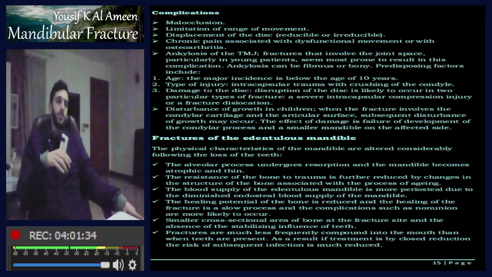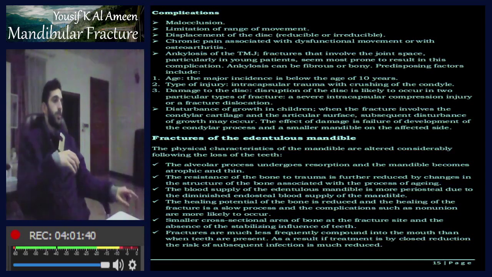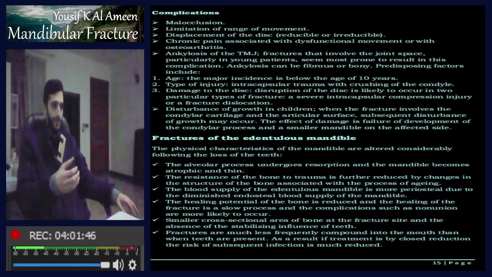There is a smaller cross-sectional area of bone at the fracture site and an absence of the stabilizing influence of the teeth.